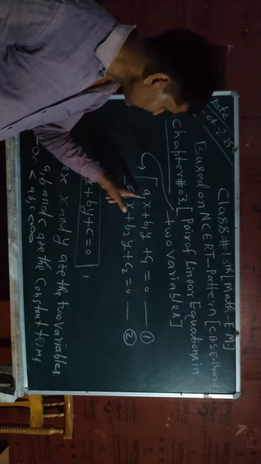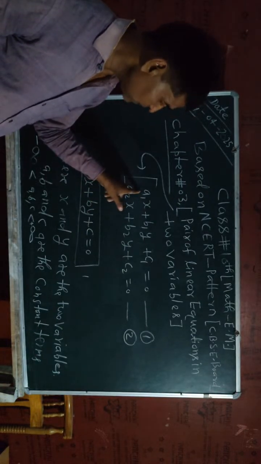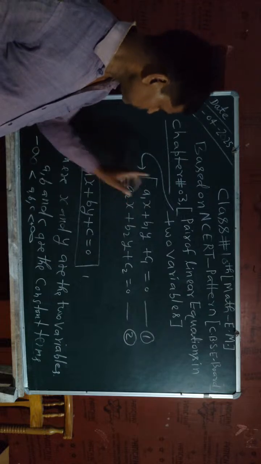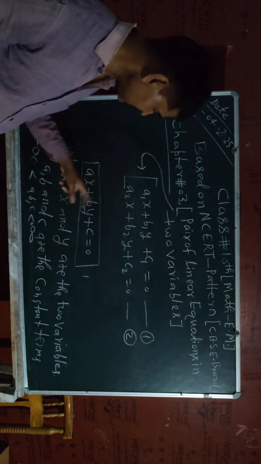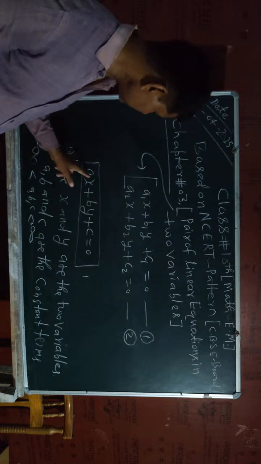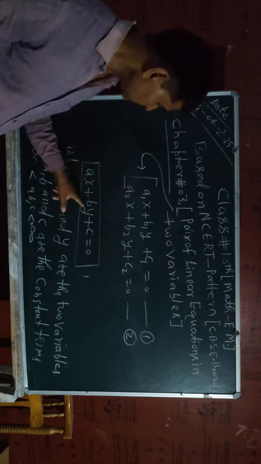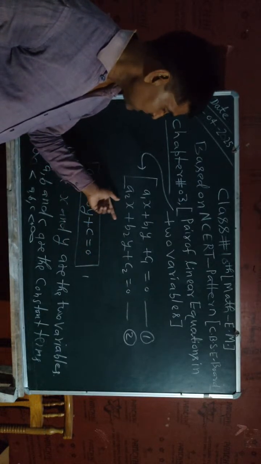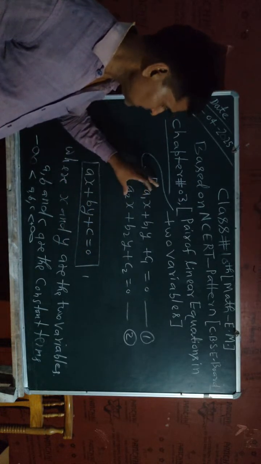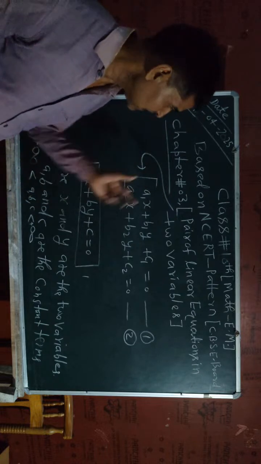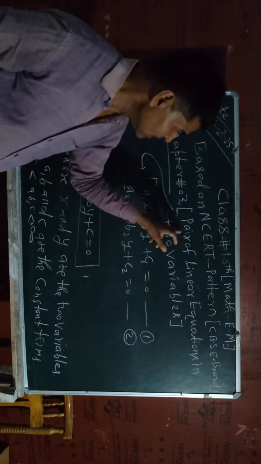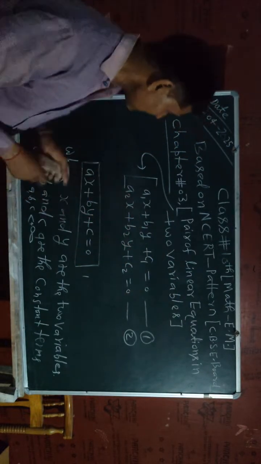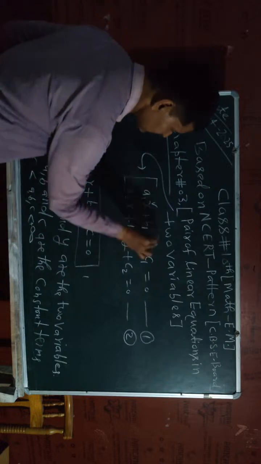From this I can write a particular linear equation in two variables x and y. So this is one, and in the next step I write a2 in the place of a, b2 in the place of b, c2 in the place of c. So this is the second particular linear equation. These two linear equations I will combine, and after combination I will say that is the pair of linear equations in two variables, x and y.